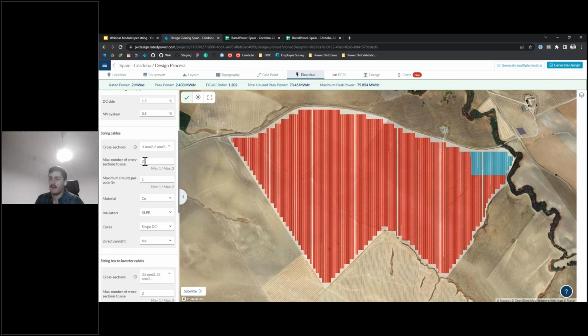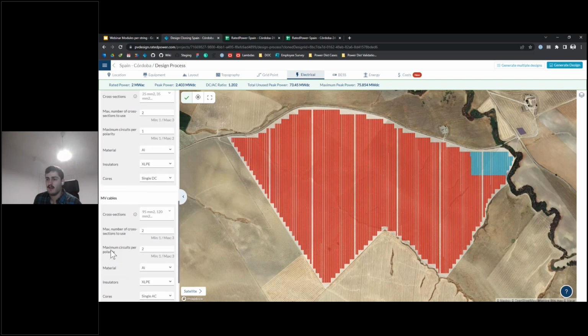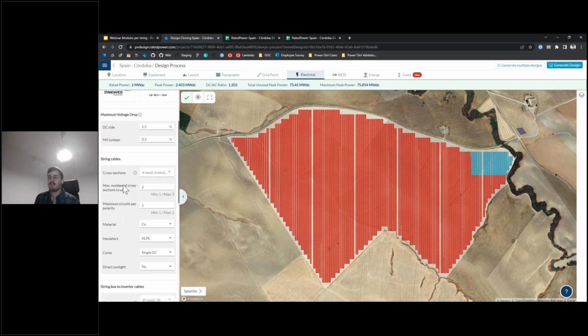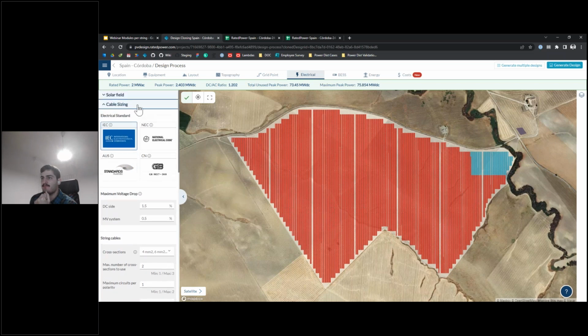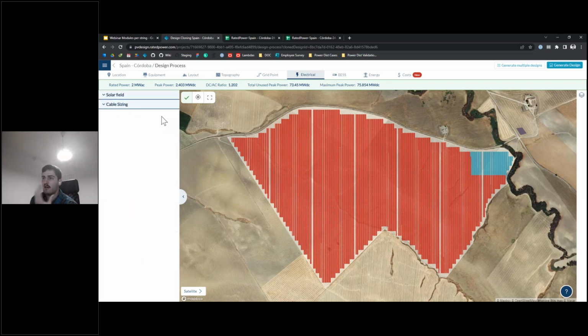So if we put a 2 here, all the string cables will be sized with just 2 sizes of cables. Then the maximum circuits per polarity, or per phase if it's AC voltage. Then the material that we want to use, the insulators, the cores, and if the sunlight is barely reaching the cables or not. So when sizing the cables, we are going to consider that.